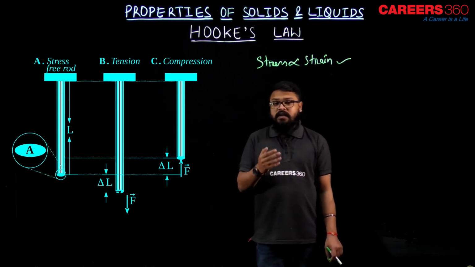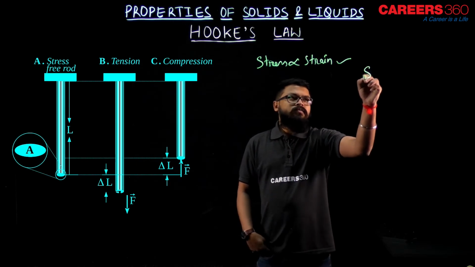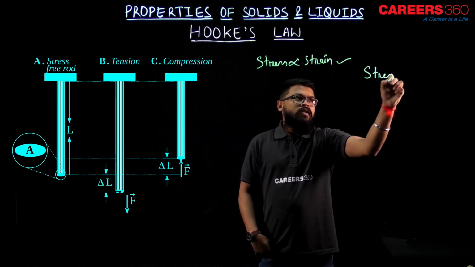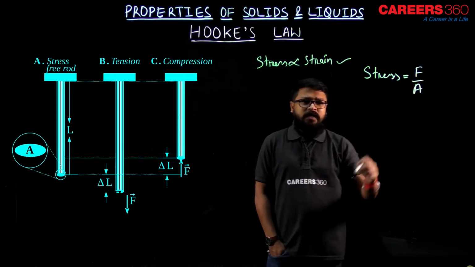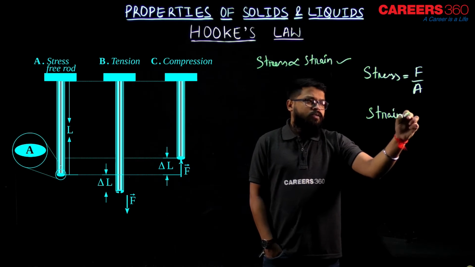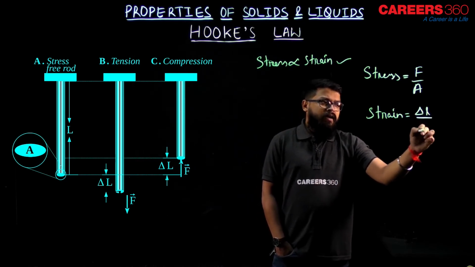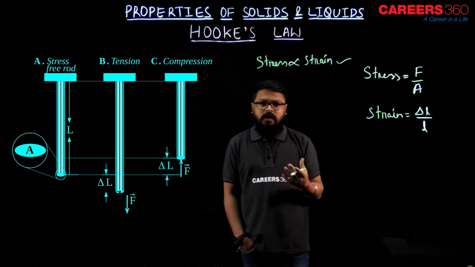More increase in the length means strain would be more, because as we have already seen, stress equals force per unit area, and strain equals delta L by L. I am talking about longitudinal strain, that is either tensile or compressive.